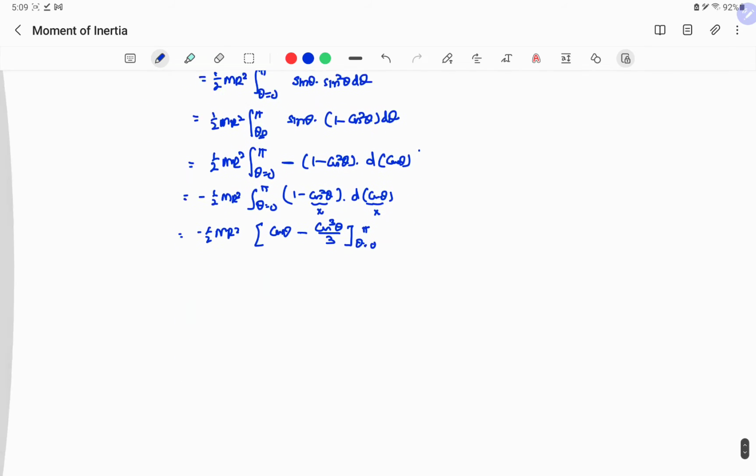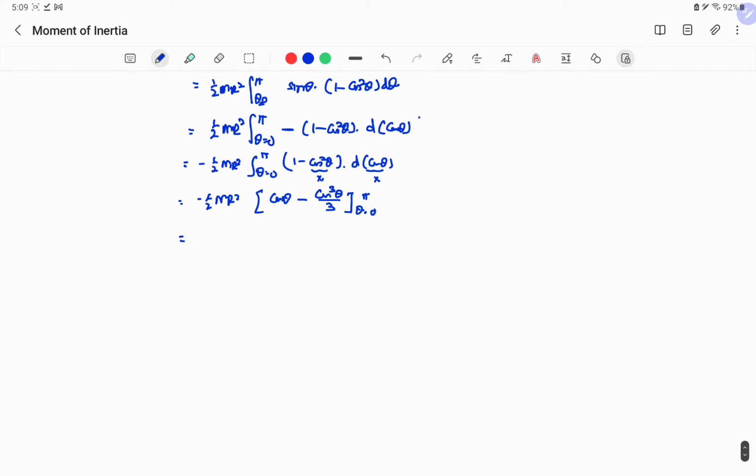Now we will substitute the limits. This is equal to minus 1 by 2 m r square. Upper limit, this is cos pi minus cos cube pi by 3. Then minus lower limit, this is minus cos 0, and then minus minus plus, it is cos cube 0 by 3.